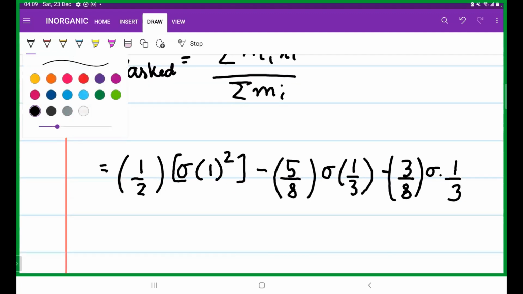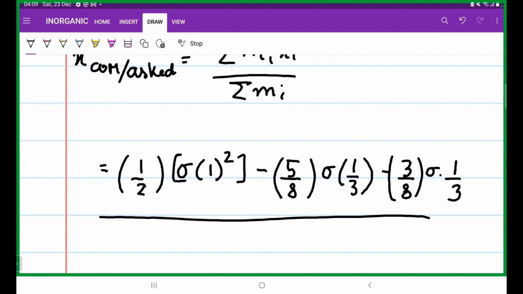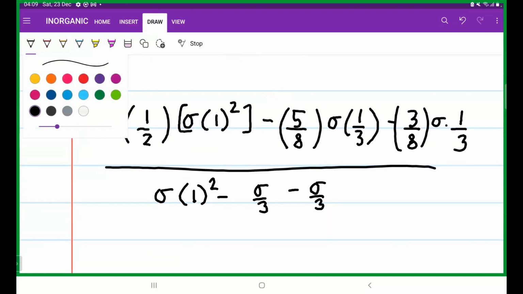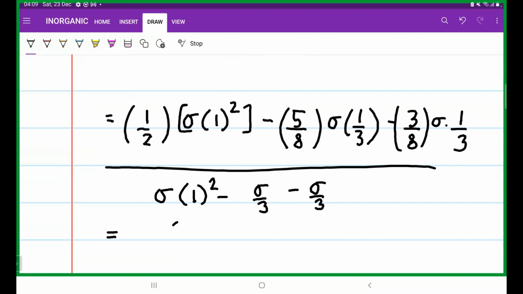And the summation of mi will be sigma 1 square minus sigma by 3 minus sigma by 3. So the answer for this won't be very difficult to calculate.